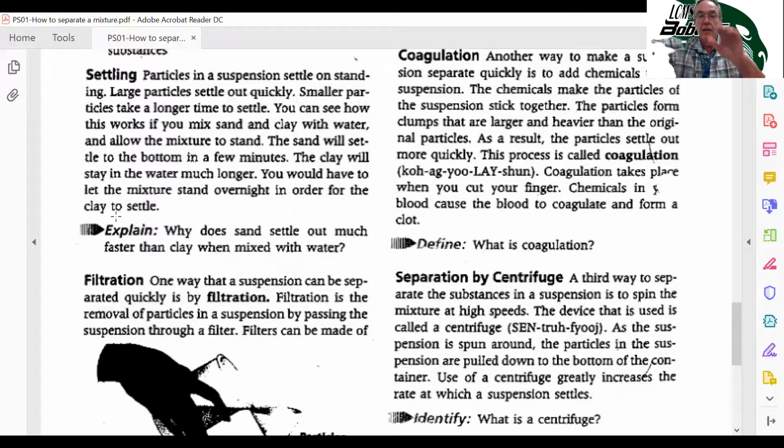So here I have a bottle with a suspension in it. It's got sand and clay in the water, okay? And it's been sitting, so it's settled. Now, if I shake it up, you look at it, it's all mixed together. But you can see right away that down at the bottom of the bottle, the sand has settled first.